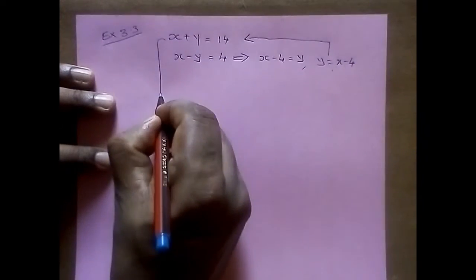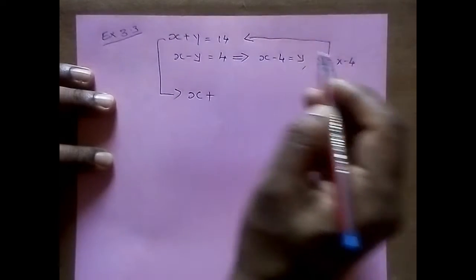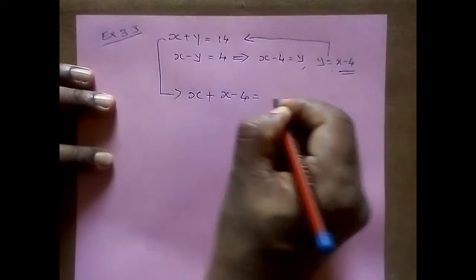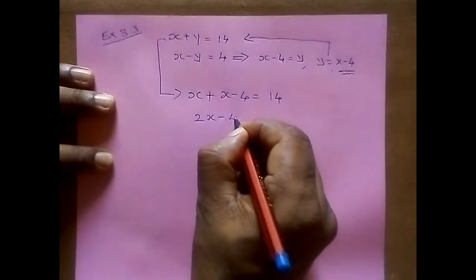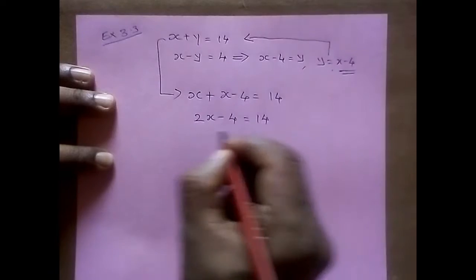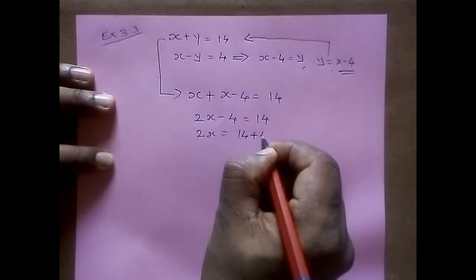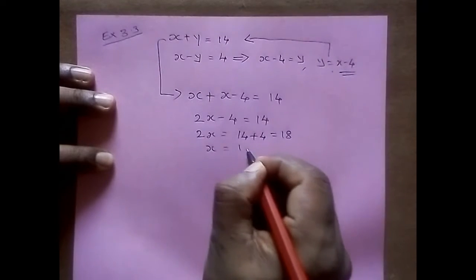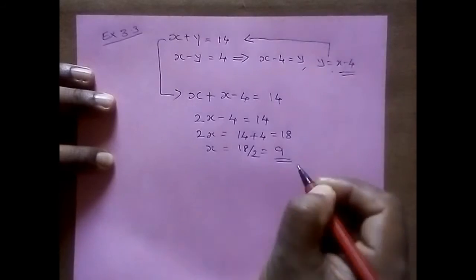So the first equation will become x plus, instead of y we write x minus 4, equal to 14. That means 2x minus 4 equals 14, so 2x equals 14 plus 4 equals 18, or x is equal to 18 by 2 equals 9.